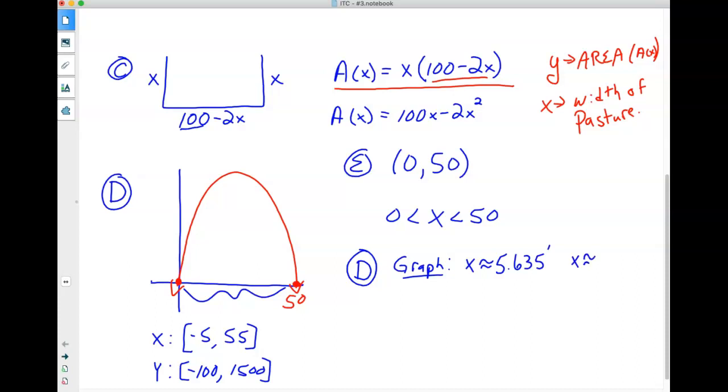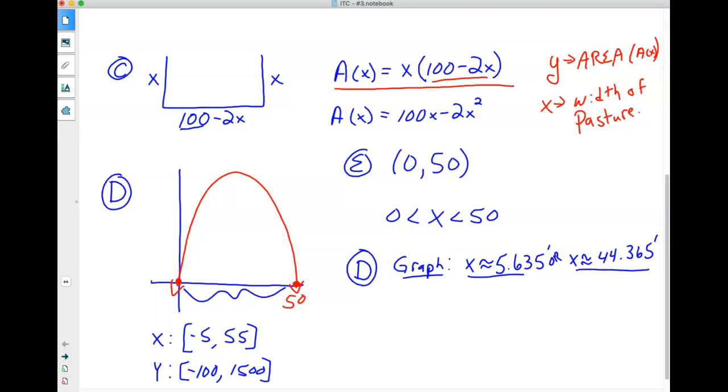And when X was approximately equal to, the other one was 44.365 feet. Now, remember, this problem isn't asking what X is equal to.